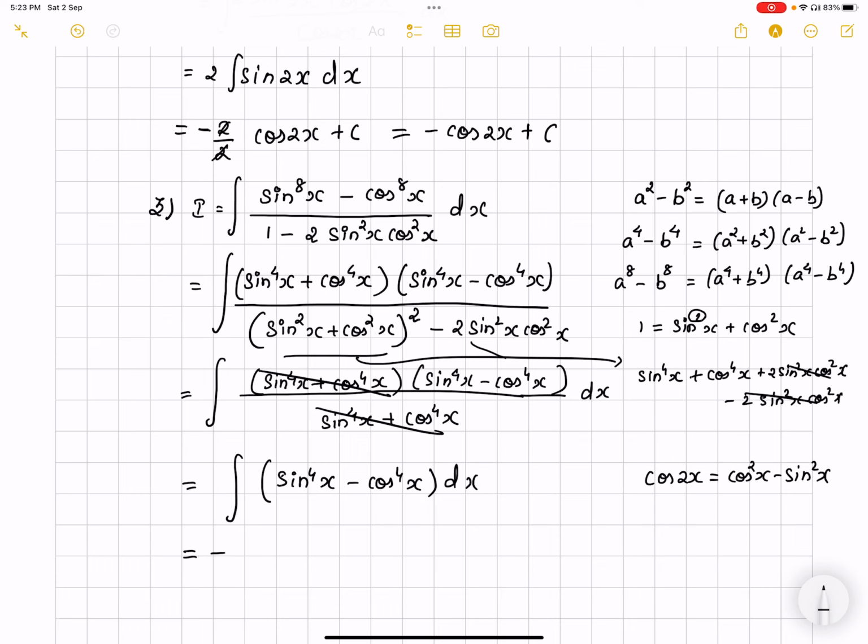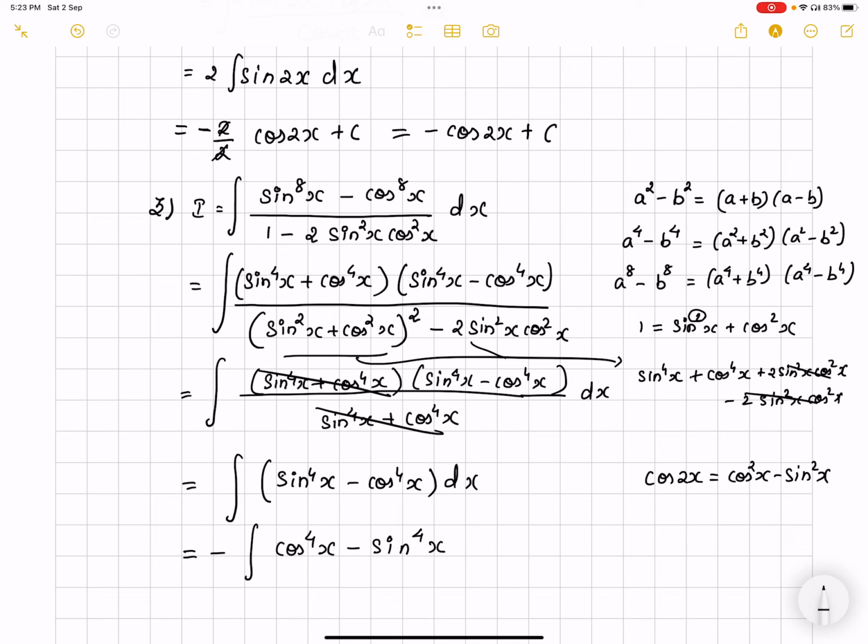If I take a negative common from here, it would change to cos power 4x minus sine power 4x. But still, these two are not the same. The power is different. So now it is in the format of a square minus b square.